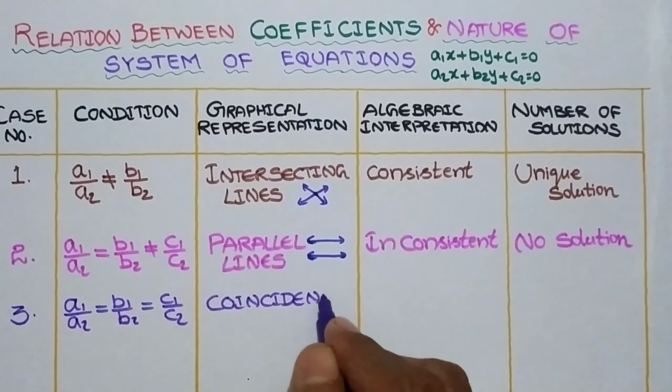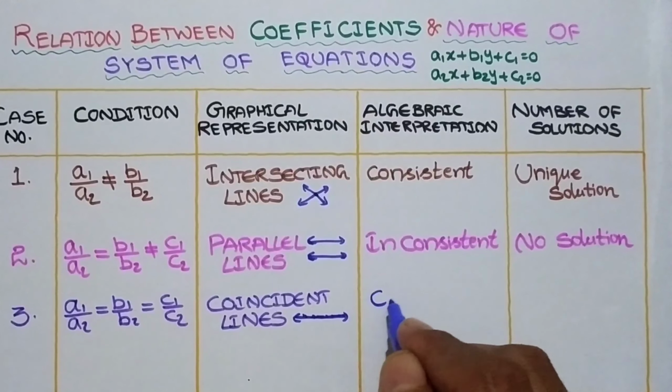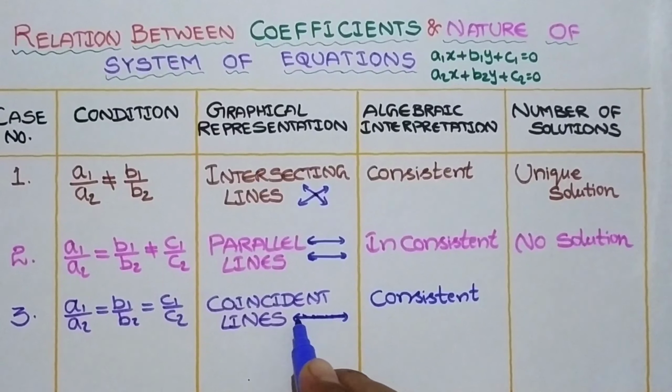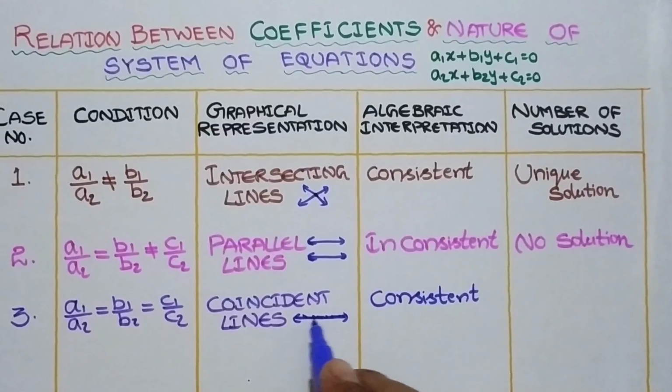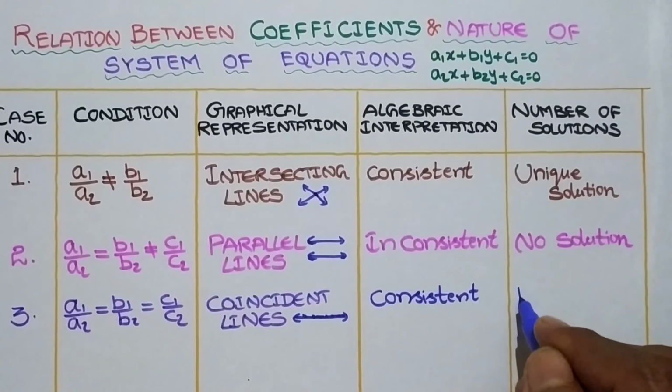If we observe the graph, there is a line, and on that another line is also. So there are infinite number of solutions, and moreover it is consistent. If you observe both the lines, they have so many points in common. So we can say that here infinitely many solutions.